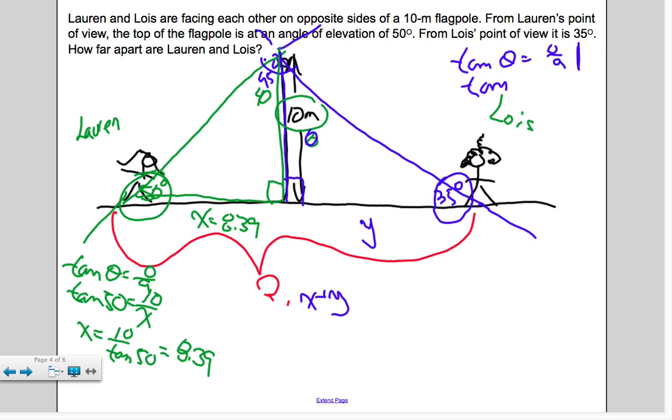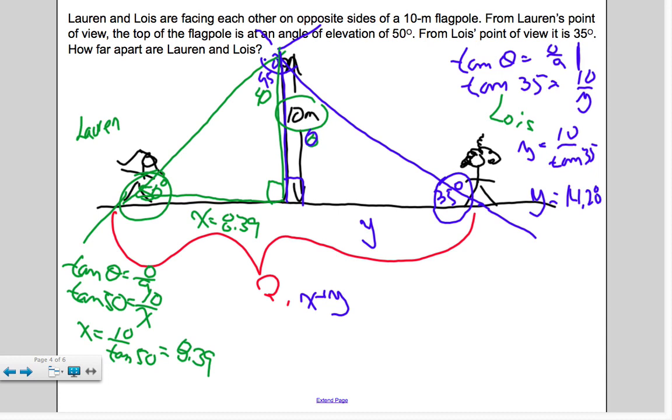Okay? So tan of theta, here what's theta? 35. So opposite is 10 over y. Good. So y is equal to 10 over tan of 35. What's 10 divided by tan of 35? 14.28.